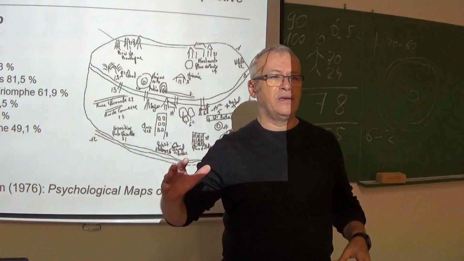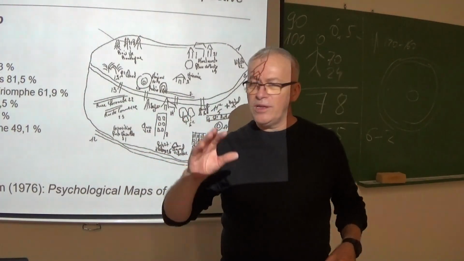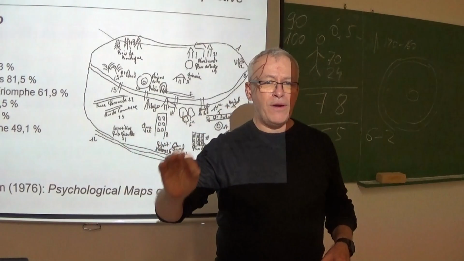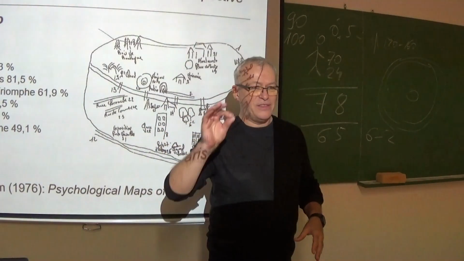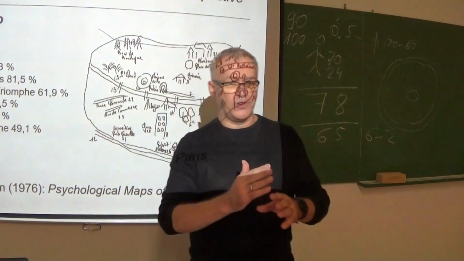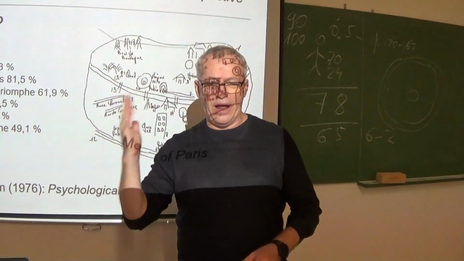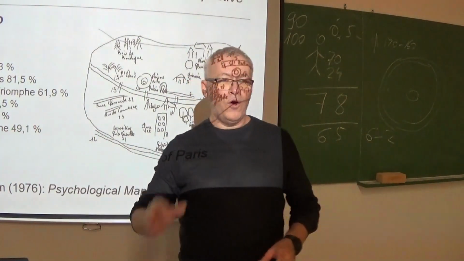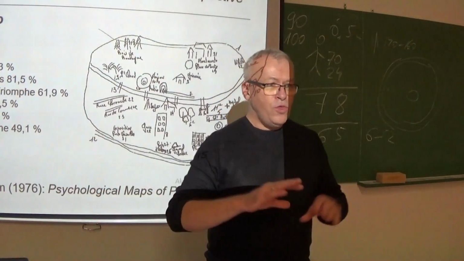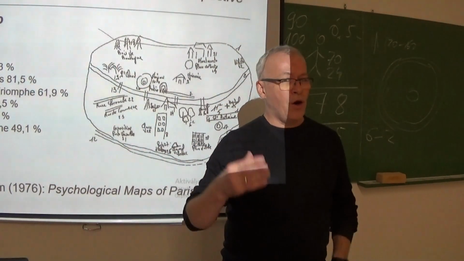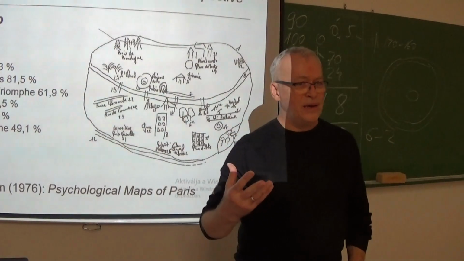No memories. Only the places where it is necessary to take a decision. For example, crossroads: right, left. Turn right. Or bus station, metro station. No info. Why? Because using the brain is very expensive.